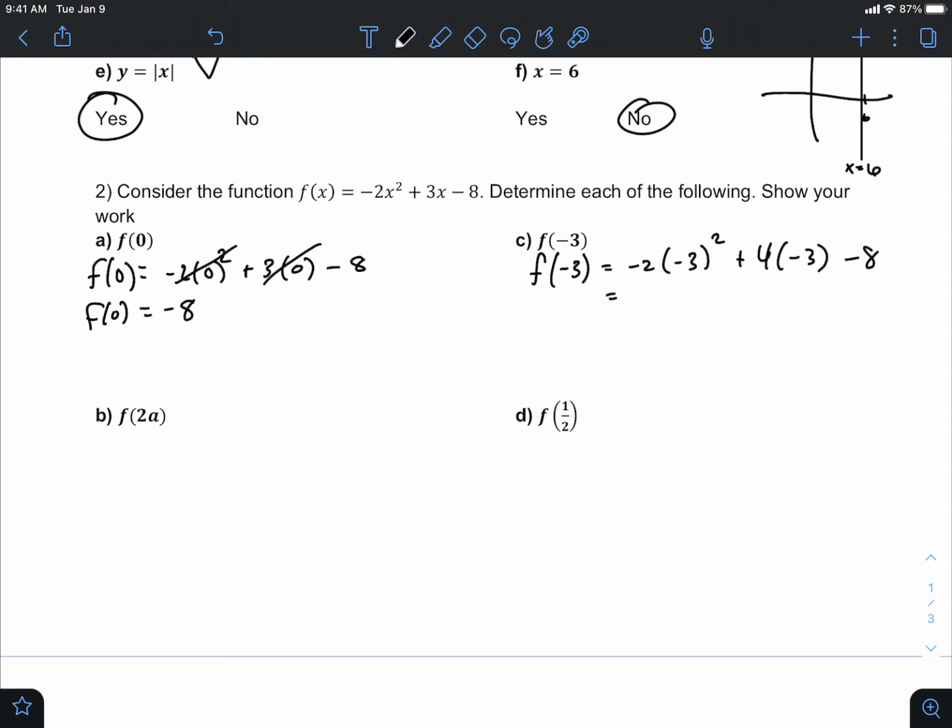Sorry, what did I do wrong? 3 times -3. Oh, my question's different. You have 3 on your page? Yes, 3. Oh, I changed it to a 4. I must have. Is it a 4 or a 3? Yeah, it's a 4. We have 4s and 3s? Oh, it's just 3 on mine.